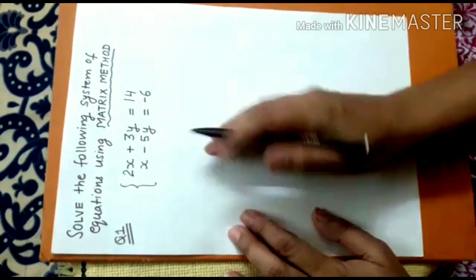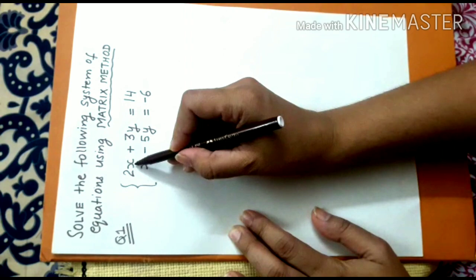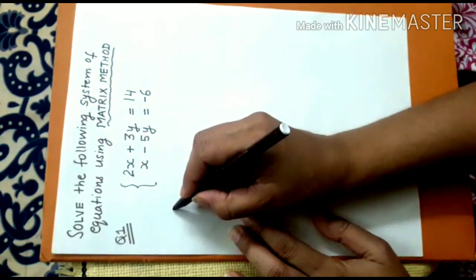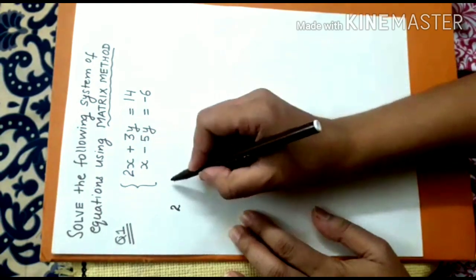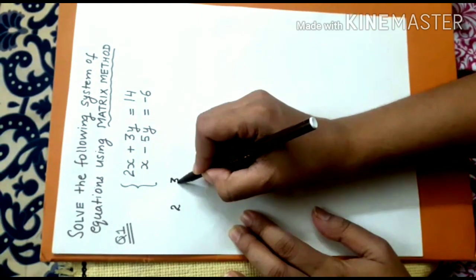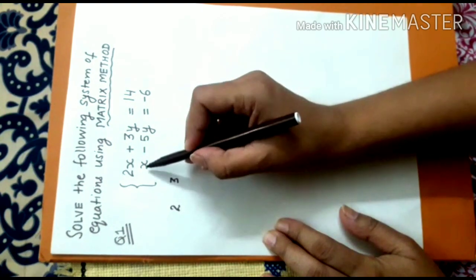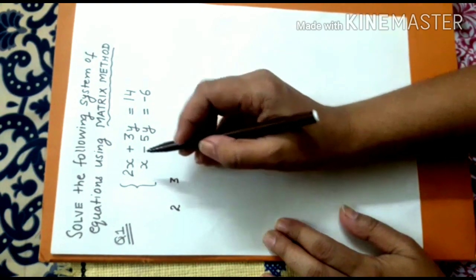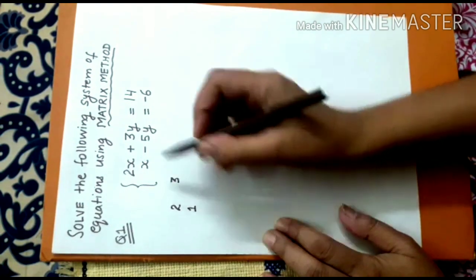So, in the first equation, the coefficient of x is 2, so I write 2 here. The coefficient of y is 3, so I write 3 here. Then in the second equation, the coefficient of x is 1, so I write this coefficient below 2.